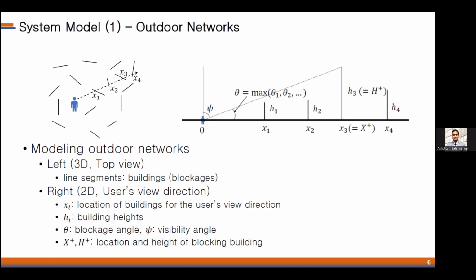Basically, we try to give the distribution of theta and psi under the model X_i and H_i. One more thing is that we will use X_plus and H_plus as the location and height of the blocking building which creates the maximum blockage angle, as depicted in this figure.